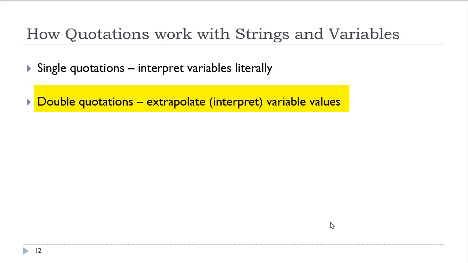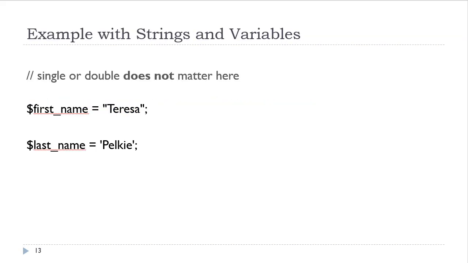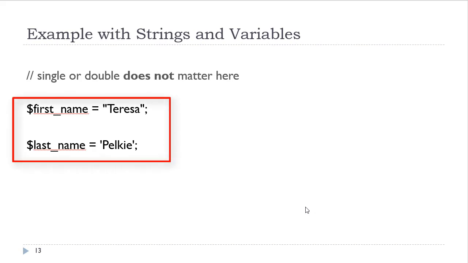You will probably be using double quotations most of the time when you have a variable inside a value assigned to another variable. When you are just assigning a string value to a variable, it does not matter whether you use double quotes or single quotes. It will not affect the outcome of that variable.